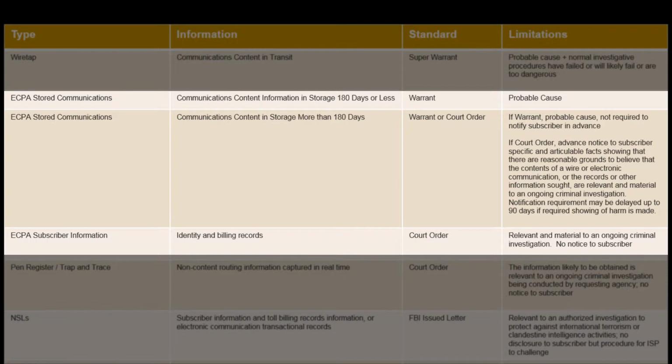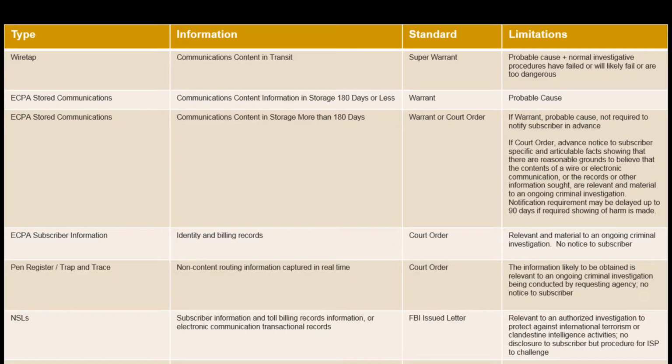Then we have the Electronic Communications Privacy Act, and what the ECPA does is set out procedures for the government to obtain either information that is in electronic storage, or information that is simply identity and billing records.